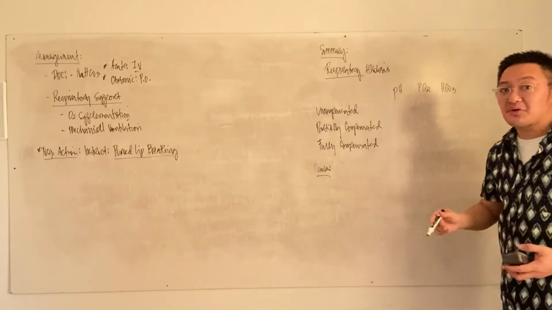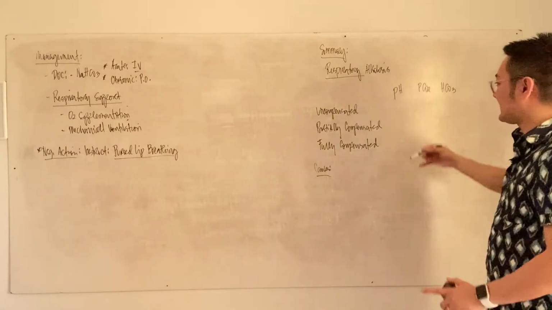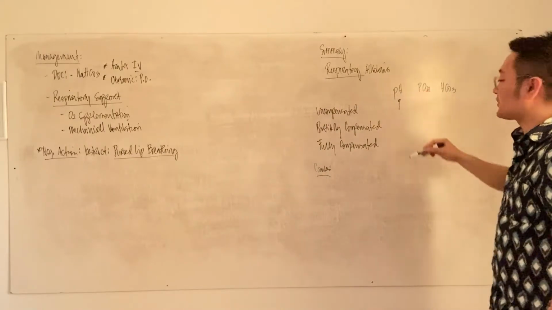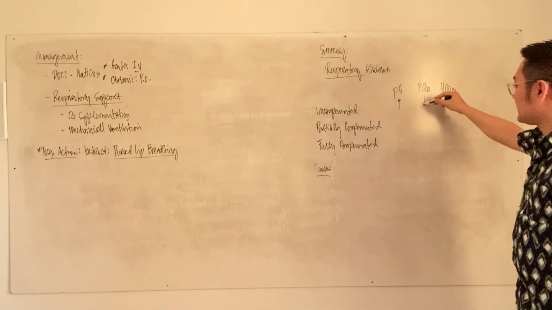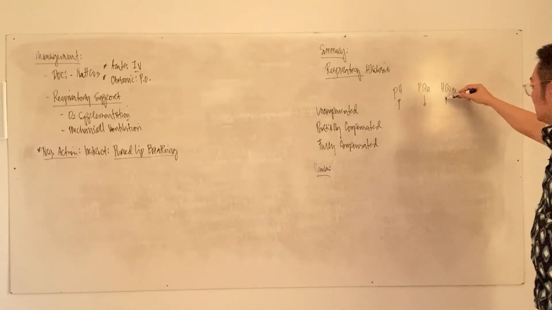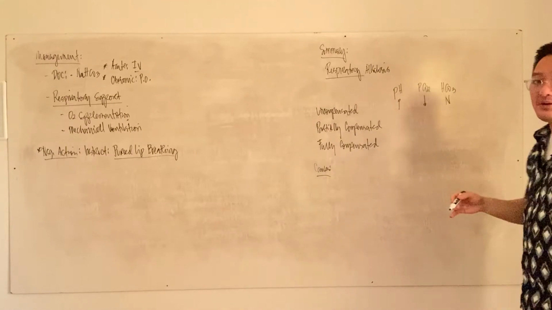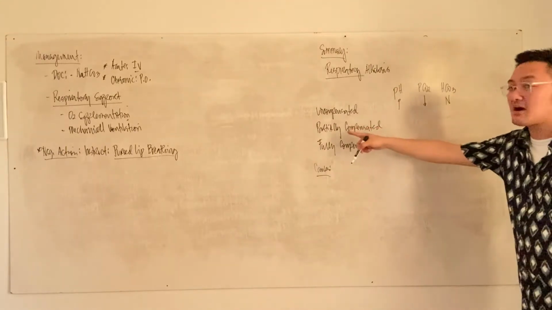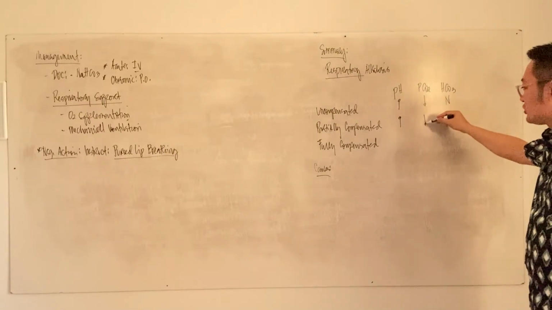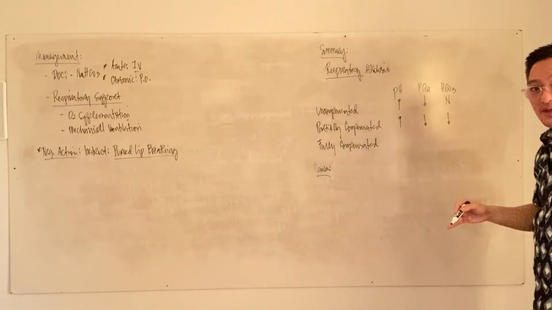In your respiratory alkalosis uncompensated, you will have an increase in the pH, but a decrease in carbon dioxide, and a normal bicarbonate, okay? If it is partially compensated, the pH is increased, PCO2 is low, bicarbonate is low.